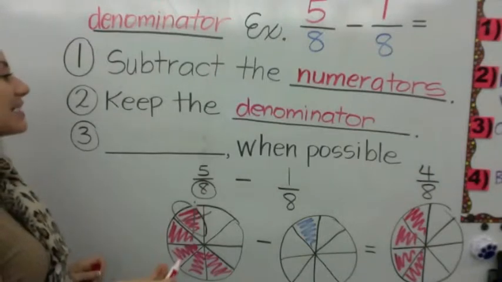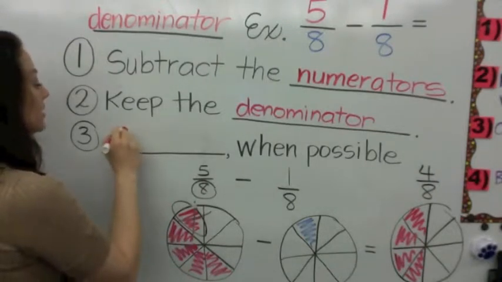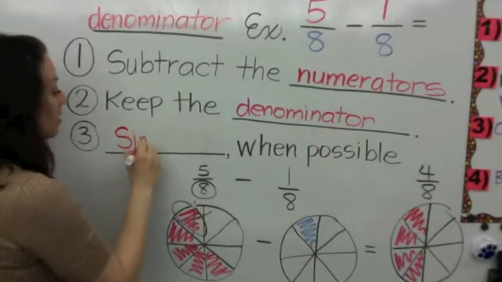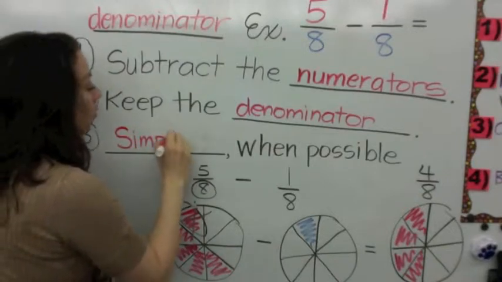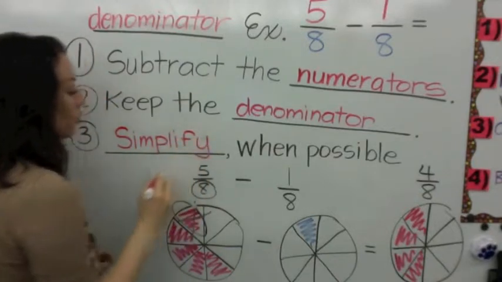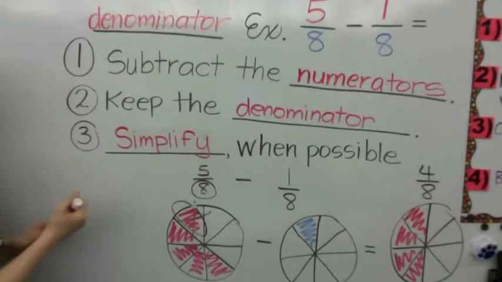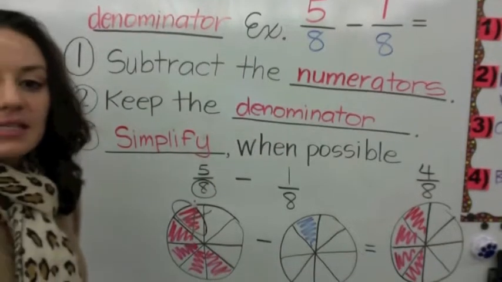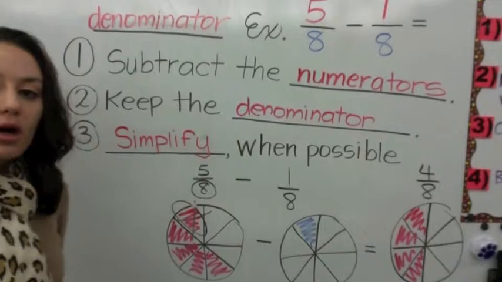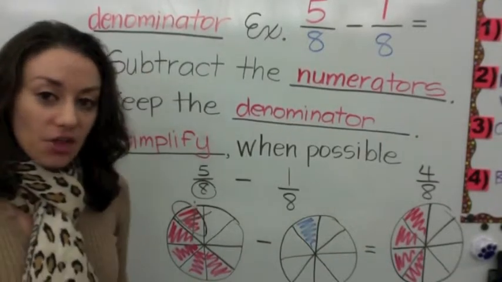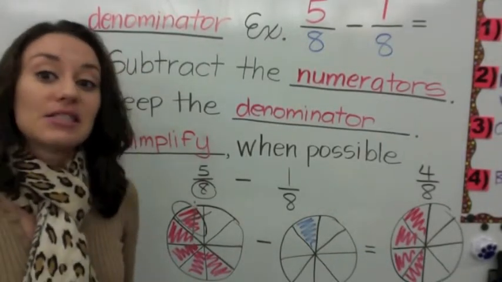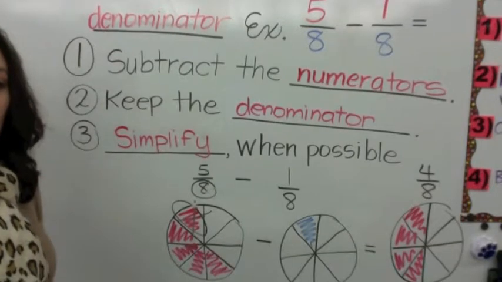Now, the last step is to simplify when possible. So say this word for me, simplify. Simplify is another word for divide. It's another word for what? Divide. Very good. Go ahead and get that down.